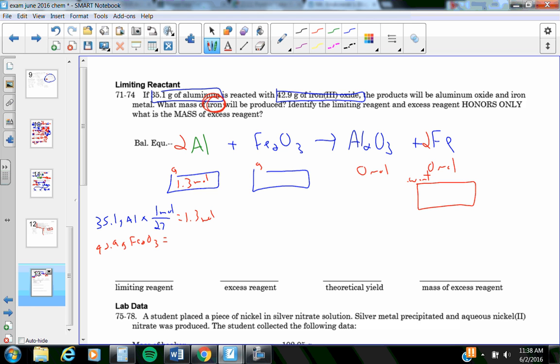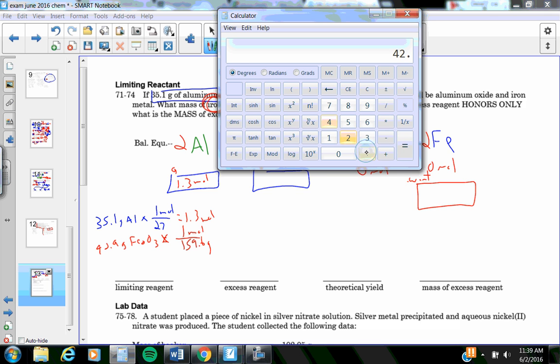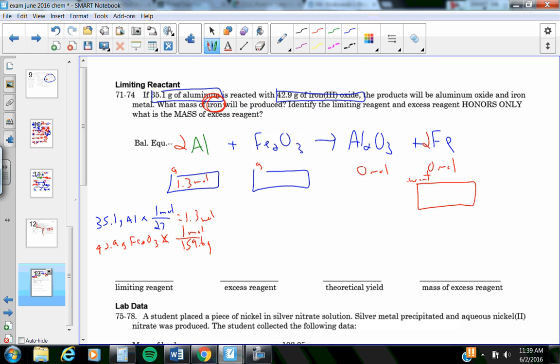Let's see, iron is 55.8 times 2 is 111.6 plus another 48 is 159.6. 1 mole of that stuff is 159.6 grams. 42.9 divided by 159.6, that's 0.27 after rounding. 0.27 moles.